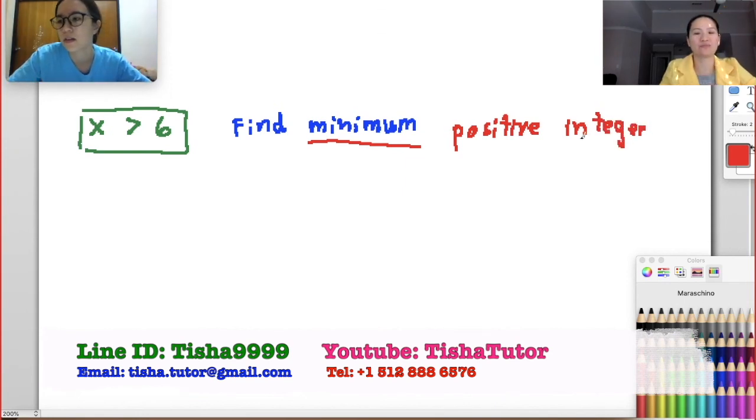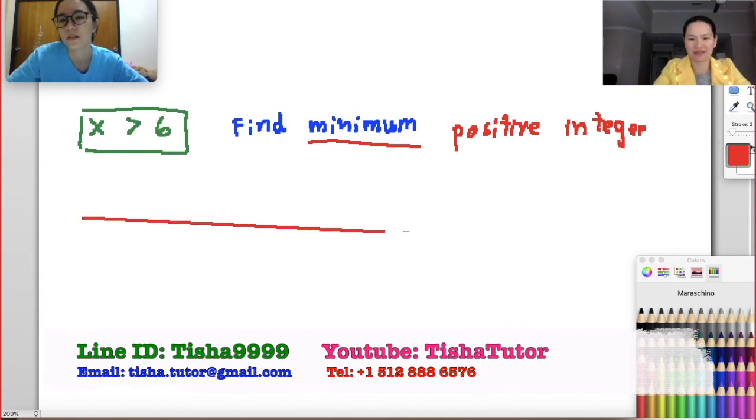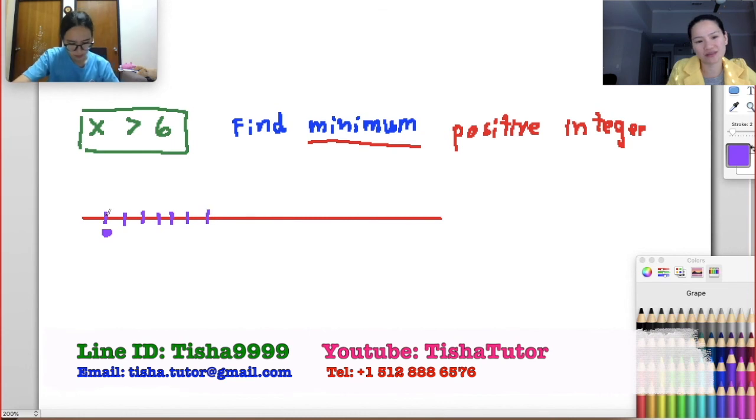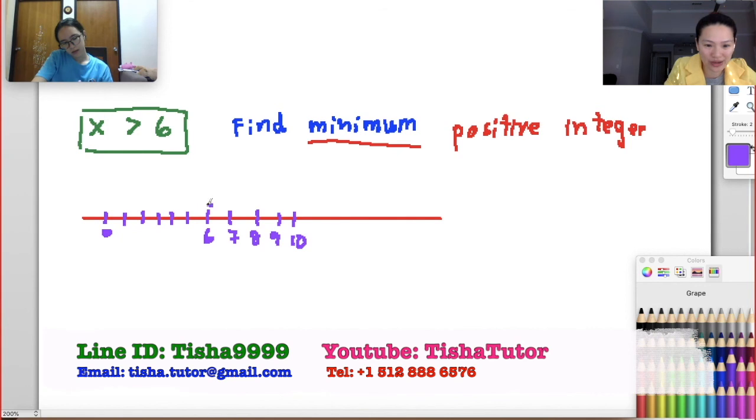Okay, so that means you try to write down the number line like this first, and then you have x is greater than 6. 0, 1, 2, 3, 4, 5, 6 is here. 7, 8, 9, 10. So your answer is greater than 6.